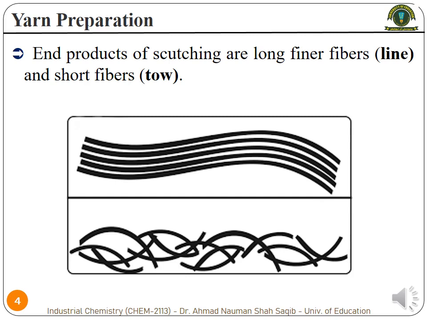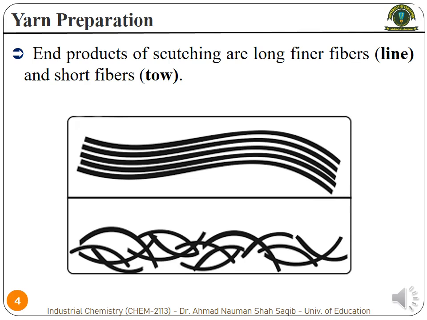This is how we define them in the textile industry, but there are some other definitions as well. For example, in composite materials, tow fibers are untwisted fibers, while line fibers are those which are twisted and converted into some form of rope.